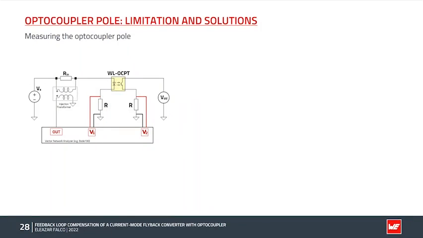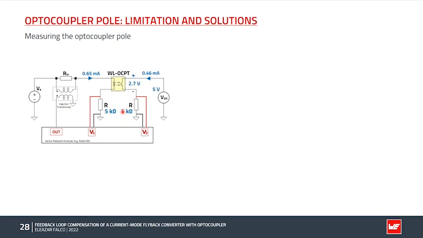There are different ways to find the optocoupler collector emitter capacitance. In this case, we will measure the device frequency response. For that, we use a vector network analyzer like the Bode 100 with the signal injected with the BWIT 100 injection transformer. The output is taken across the two resistors.